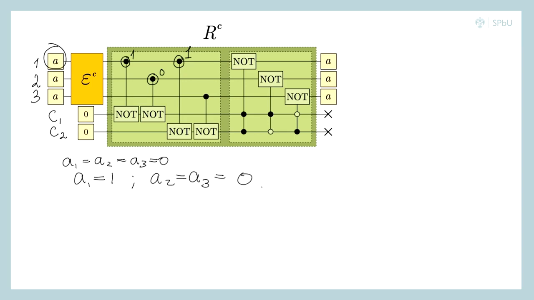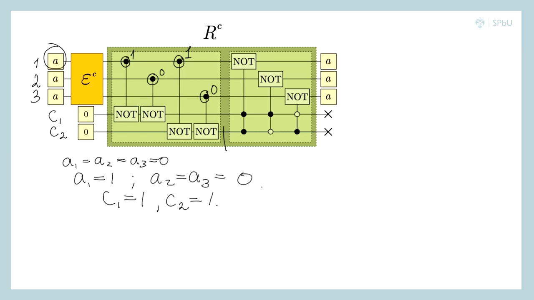And the last CNOT element, since our third bit equals 0, doesn't change a thing. So, the result here is the following. The values of ancilla bits are C1 equals 1 and C2 equals 1.